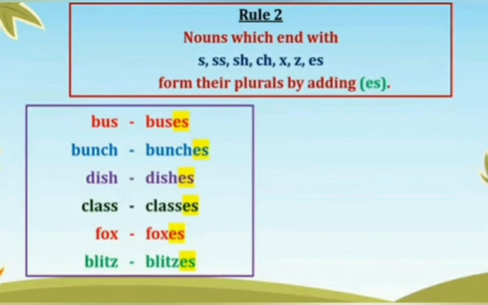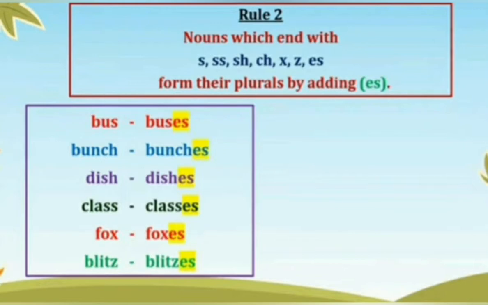Word bus ends with s, so we have to add es here. Buses. Next, bunch ends with ch, so we add es here. Bunches. Dish. Plural of dish is dishes. Here word dish ends with sh, so we have to add here es.